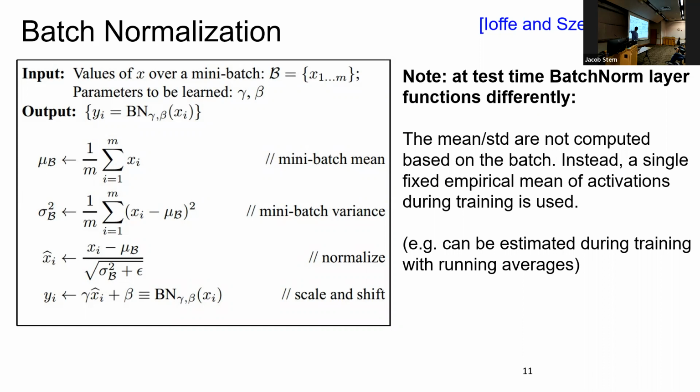So we compute a whole data set mean and variance during training, store it, and then apply that at test time, so that we can apply batch normalization to any unseen test data point without having a batch of items to normalize it.